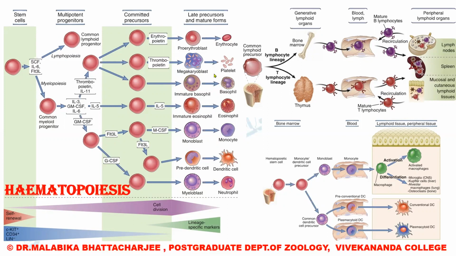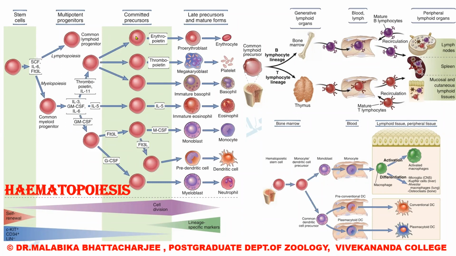So the origin of both the monocyte and the dendritic cells was initially a common precursor, which further got separated by this cytokine to give a dendritic precursor, giving rise to a dendritic cell.